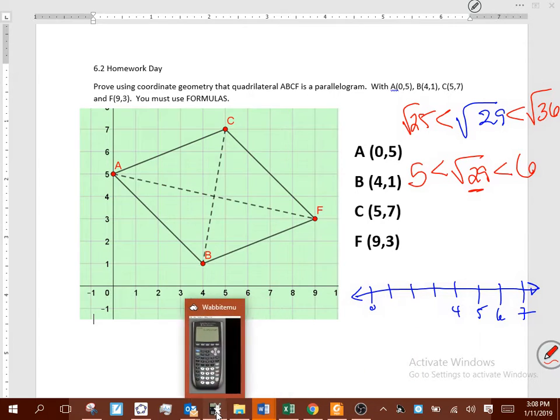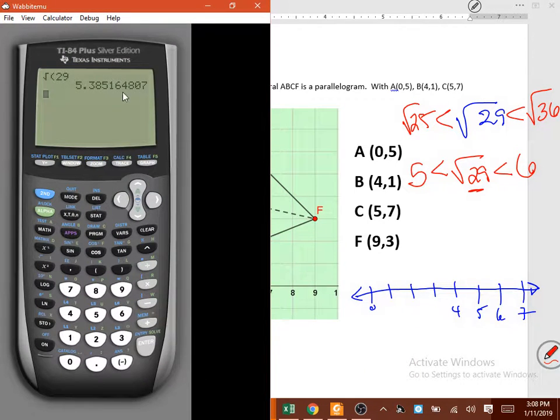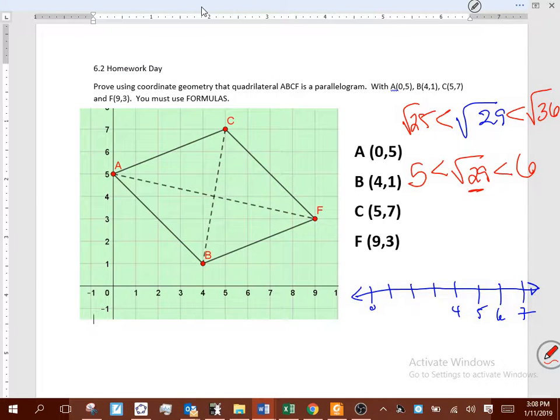Okay, so if you calculate radical 29, it gives you 5.38. So it gives you an ability to kind of know where it goes on the number line, right? Okay, that's number sense. That might be something that they ask you on the end of course exam. They might give you the non-calculated portion and say, here are some numbers, put them in order. And that's kind of the approach that you would use.